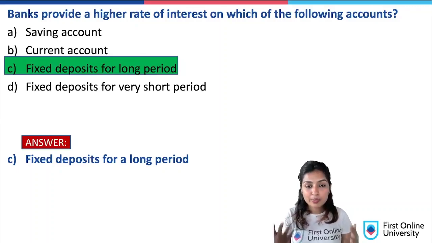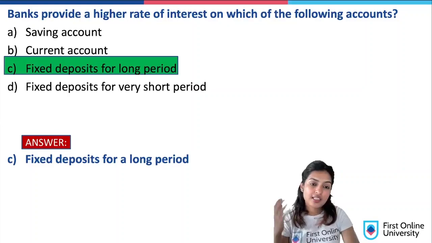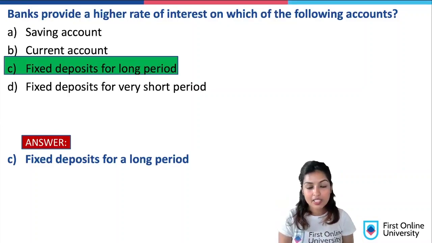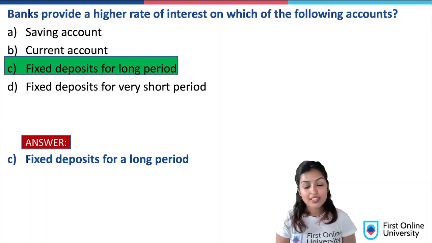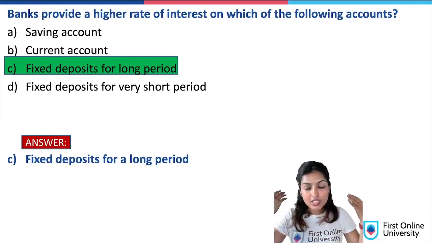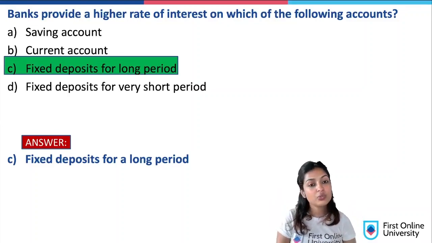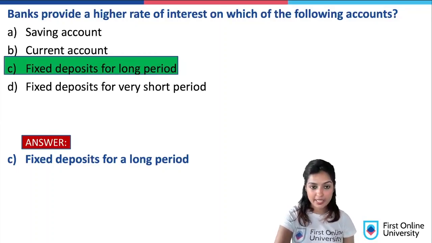They do not have to be scared for any kind of situation that arises out of emergency, because this deposit is there to stay in the bank for a long time, for many years together, more than 20 years, right? So the banks can take advantage of this long period and give out to the borrowers who are in need for such money.